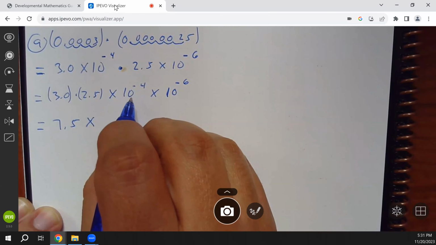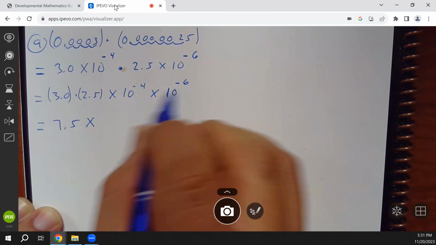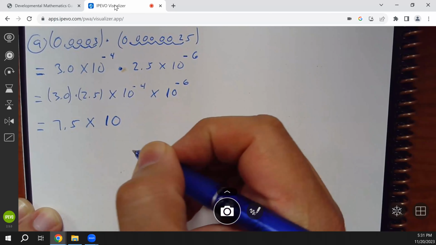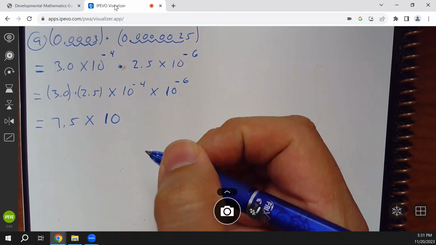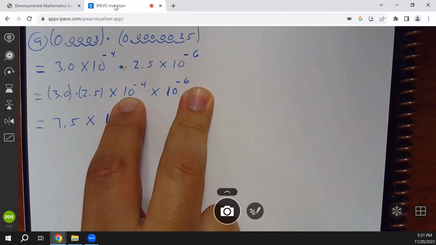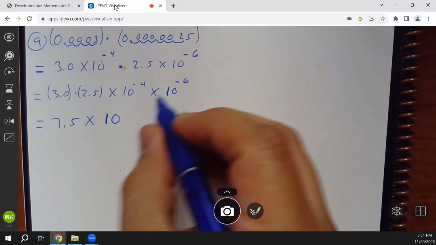So if you multiply 10 to the -4 times 10 to the -6, what happens to these tens? I'm just going to add them up, right?